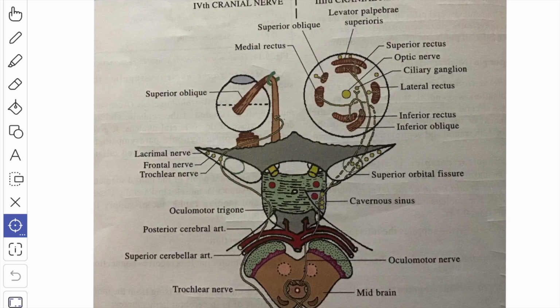The proprioceptive fibers from the extraocular muscles supplied by the oculomotor nerve are handed over to the ophthalmic nerve, and then conveyed through the trigeminal ganglion without interruption straight to the mesencephalic nucleus of the trigeminal nerve. In the orbit, it communicates with the ciliary ganglion, which acts as a postganglionic cell station of the parasympathetic fibers.